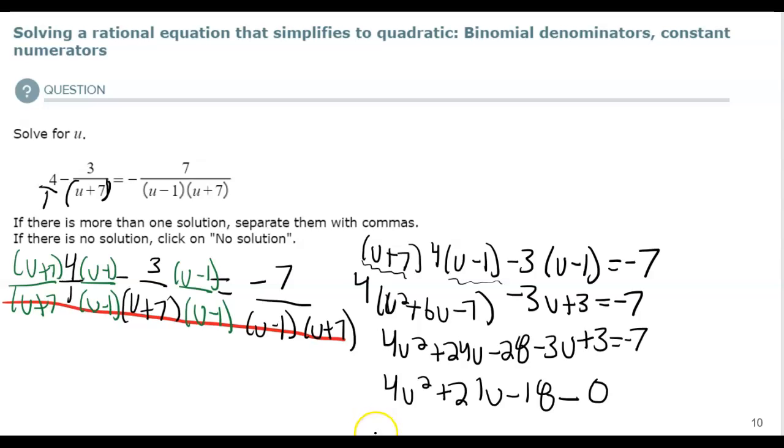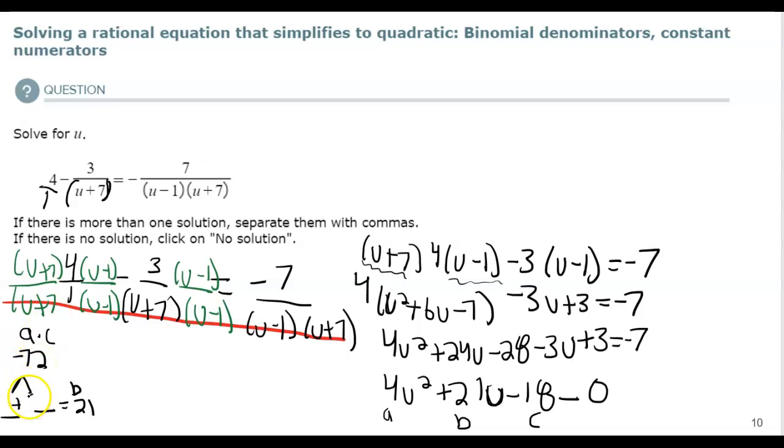This is great so far, but I'm not done because I have not solved for u. So this is where your different factoring options come into play. So here's my AC B tree. Here's my A, B, and C. Here's my A times C, I'm going to get us a negative 72, but adds to a B of 21.